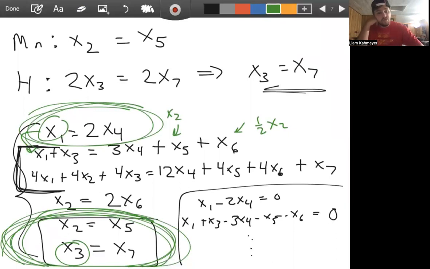You have your free variables here already, basically. It looks like x4, x5, and x7 are going to be your free variables. And then from there, you can determine what the smallest solution would be.